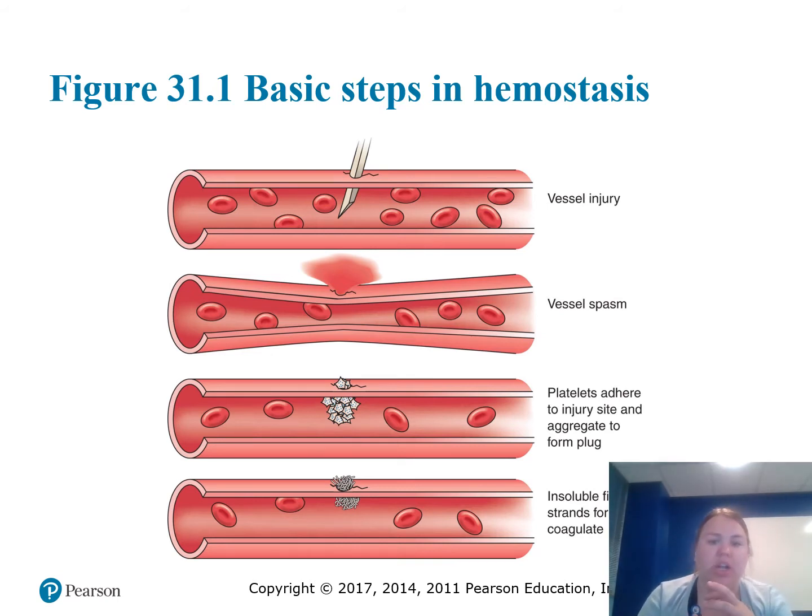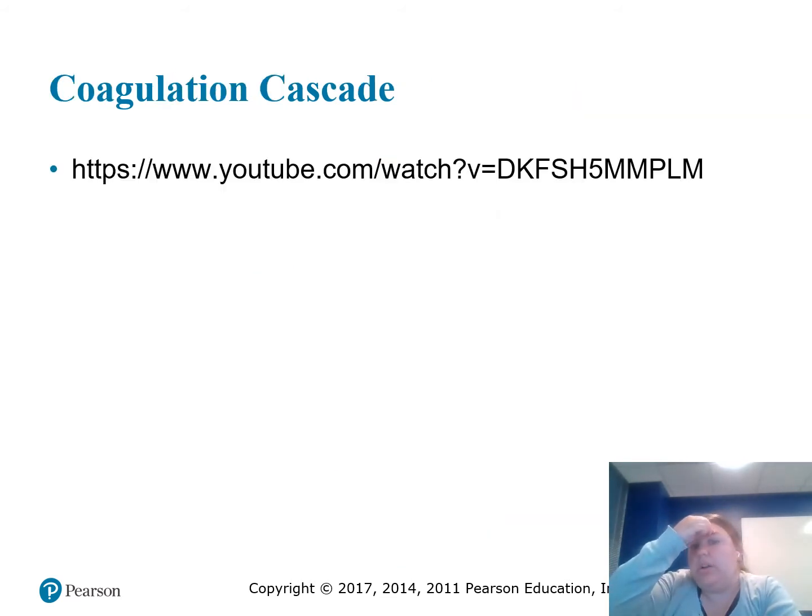So they start clotting off, so they plug it. That's known as the coagulation cascade. Another interesting thing is that typically it takes about 6 minutes for someone to clot when there's been an injury. If you want to learn more about the coagulation cascade, you can watch this video.